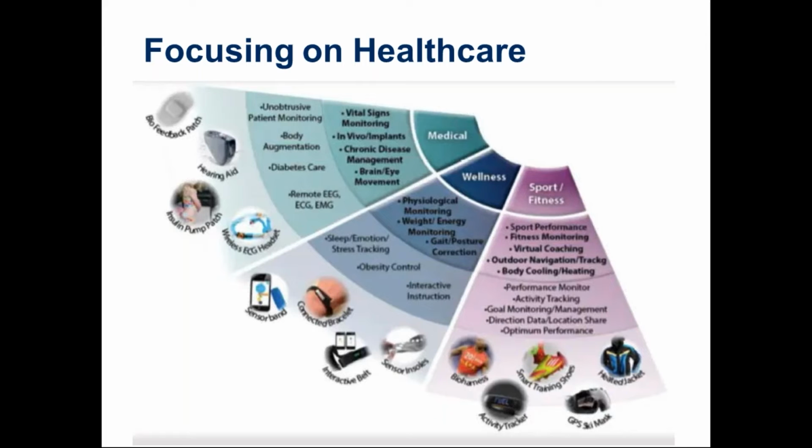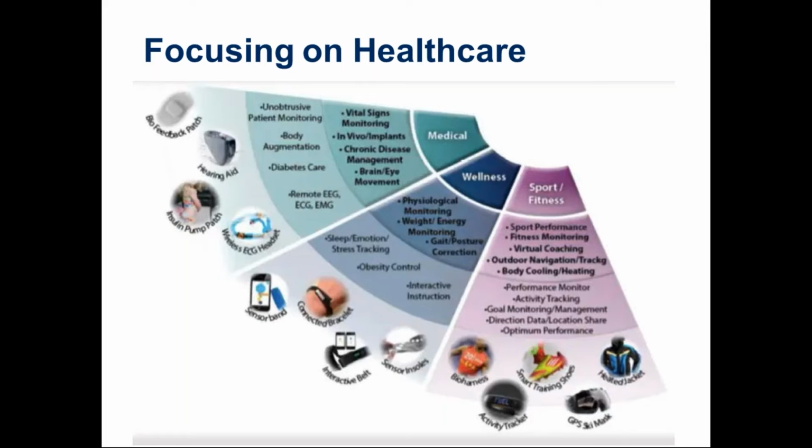It is able to interact with instructions that you do this particular thing. So what are the devices which are available? Smart sensor bands are available. Those are connected. We have interactive belts. We have sensor insoles.